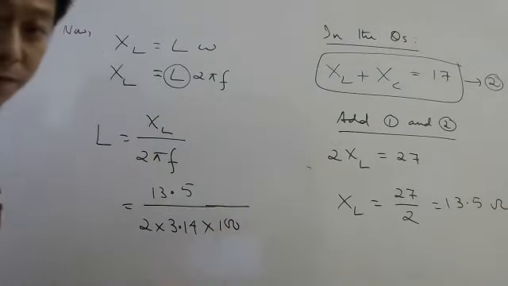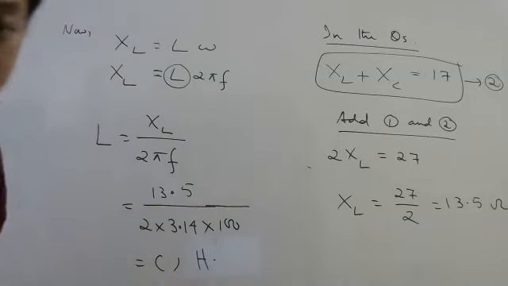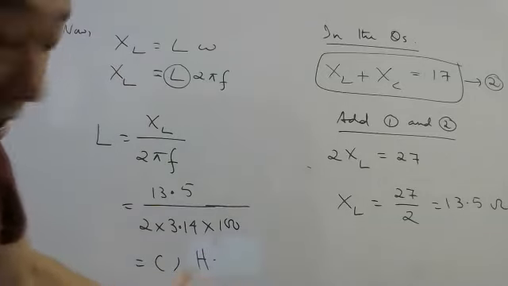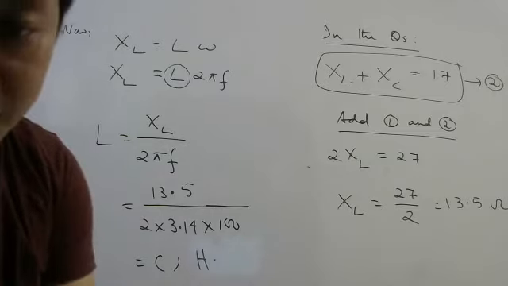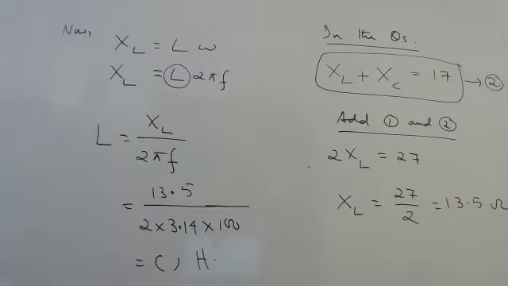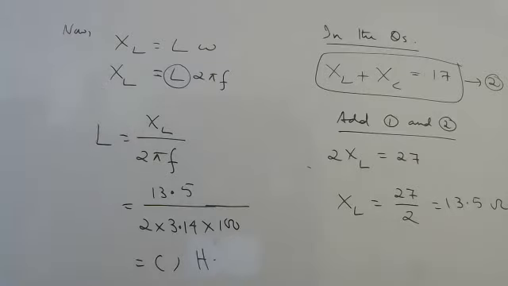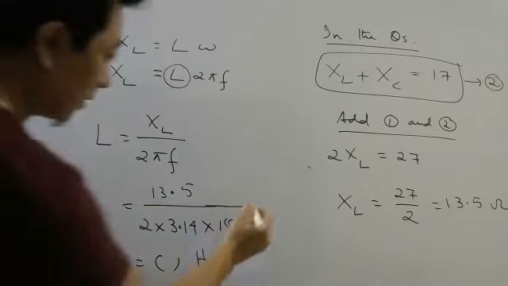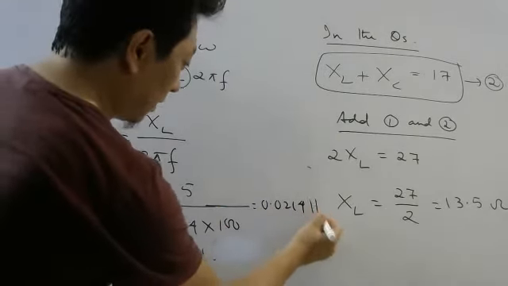So whatever answer comes, that will be Henry. Unit and all, don't forget to mention. Inductance means Henry. Capacitance means Farad. Anybody, how much we get? 0.0214. Okay. 0.0214 Henry.